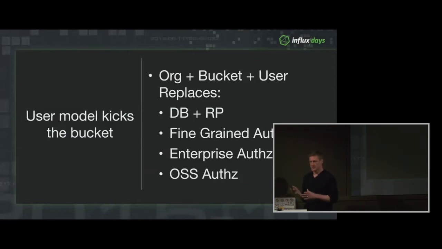It also means that the user model and the auth model is now consistent in 2.0 from product to product, in open source and enterprise, and is transportable between the two, which is not the case right now in OSS 1X and, I'm sorry, there's too many version numbers, Enterprise 1X.